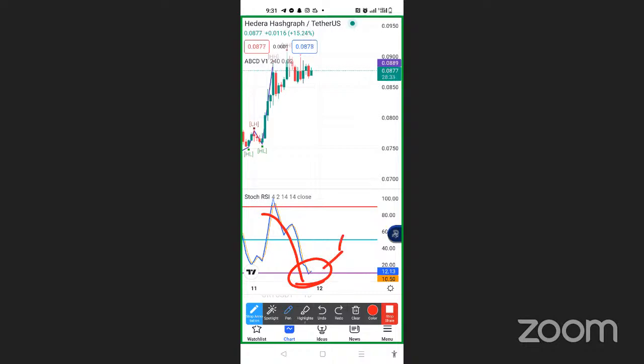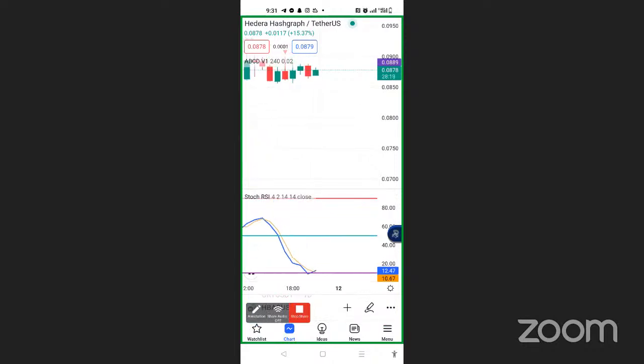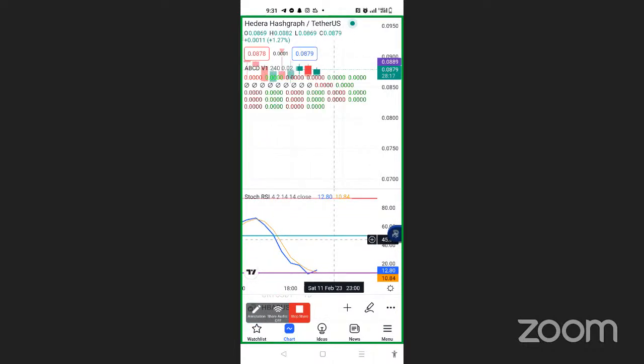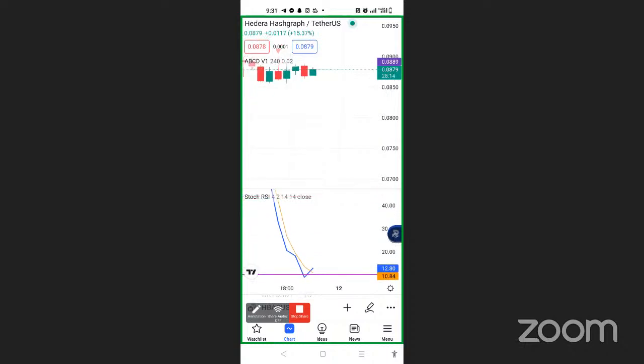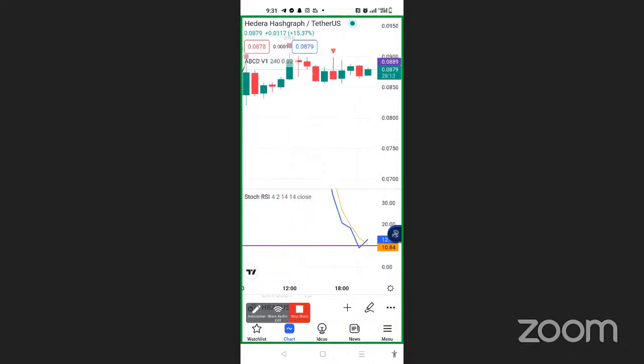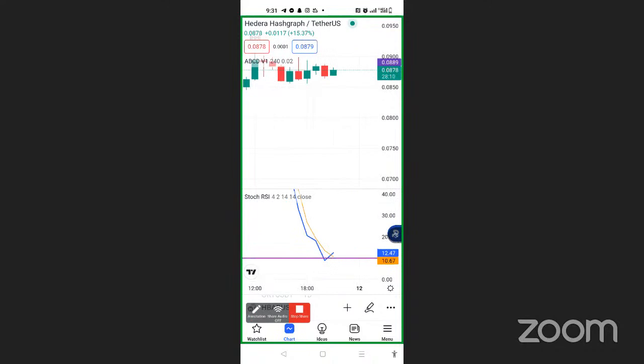So this is oversold and this is overbought. We should always think about getting in the market when the blue stochastic RSI is pointing up. This is very important. If I widen my screen for everybody to see, when should we get in the market? I want to show you all the scenarios.